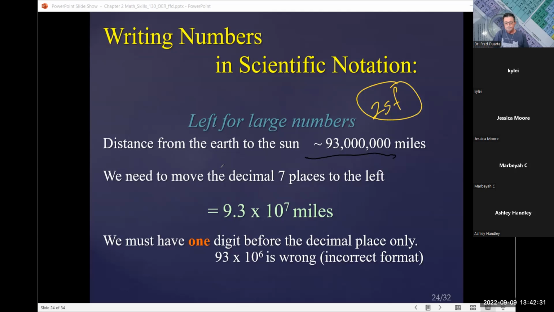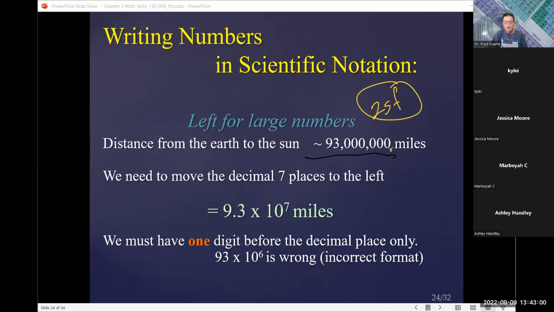Then identify where the decimal point is, and obviously this number is greater than 1, so the decimal point will be right there. From that point, since the number is greater than 1, you go from right to left and count the decimal places, and you continue until you stop right behind the last integer that you find.